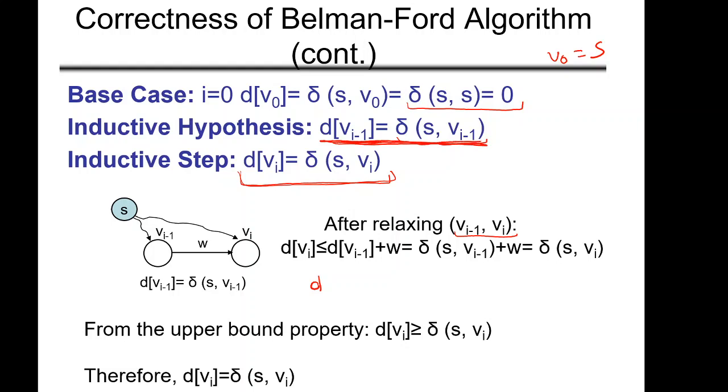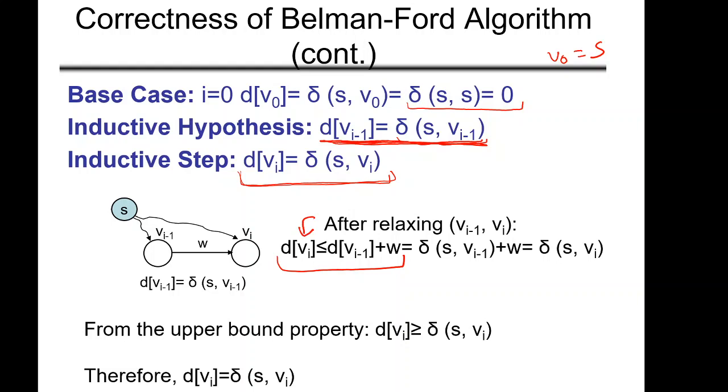Now if we relax this edge, from the relaxation theorem we know that d of Vi is less than or equal to d of Vi minus 1 plus w. This is from the relaxation step.